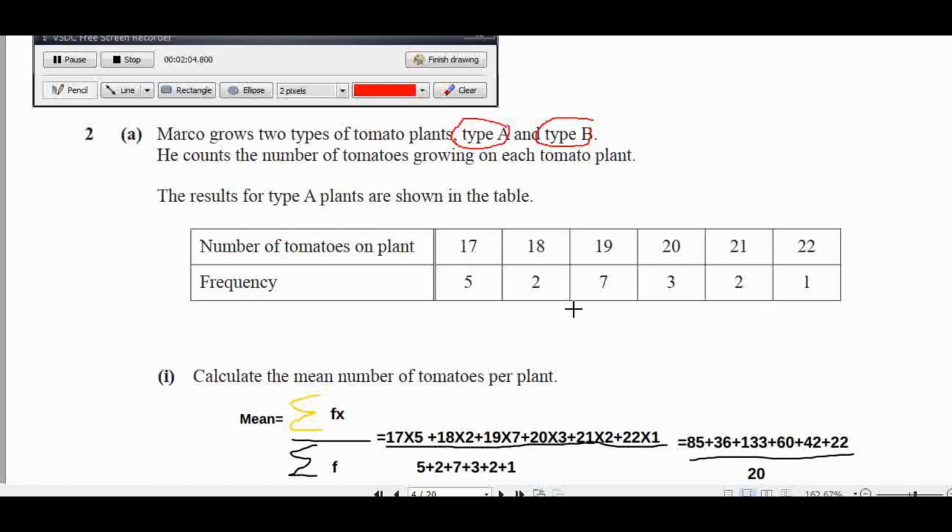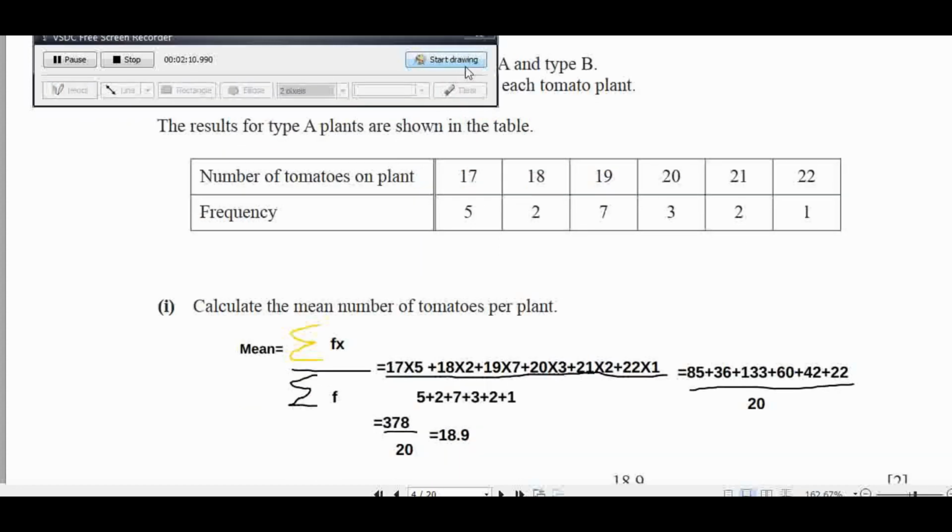This is a group data question. So in order to find the mean, we use the formula mean is equal to summation fx over summation f.